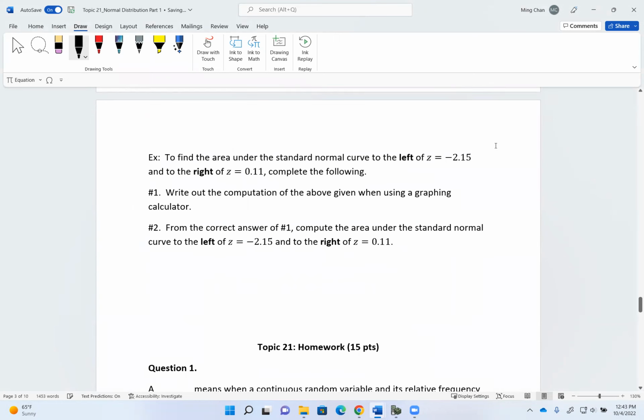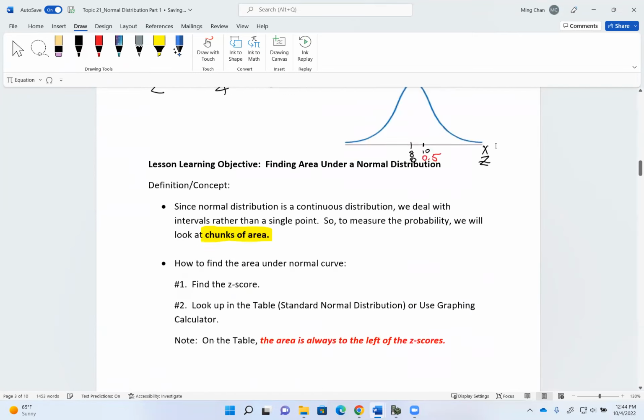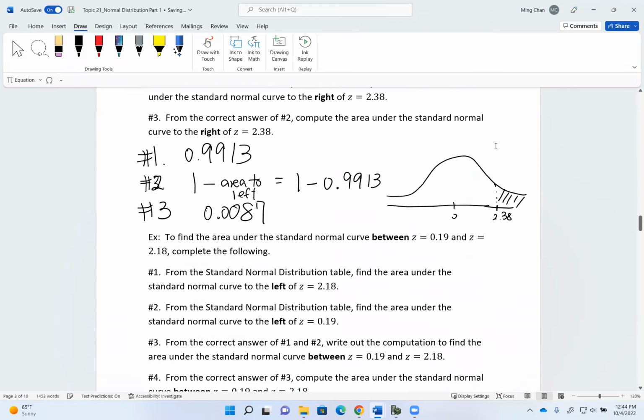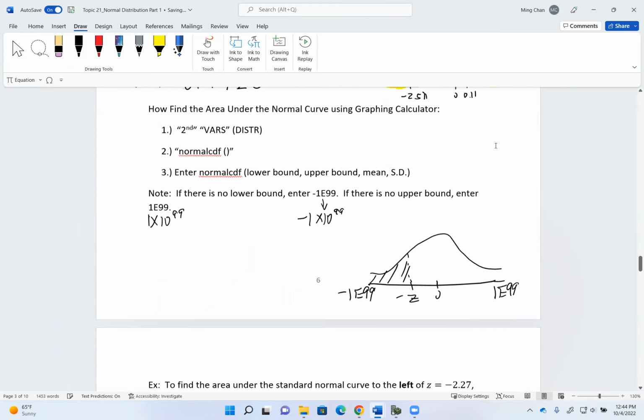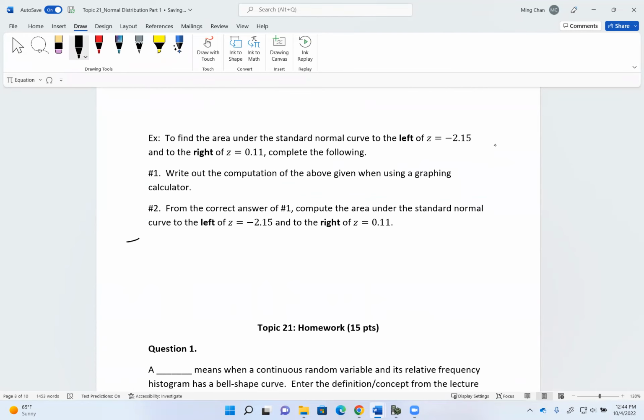All right, to find the area under the curve to the left of negative 2.15 and to the right of 0.11. The idea is the same: I have to add up the two areas. I'm going to do the first one, the area to the left of negative 2.15.